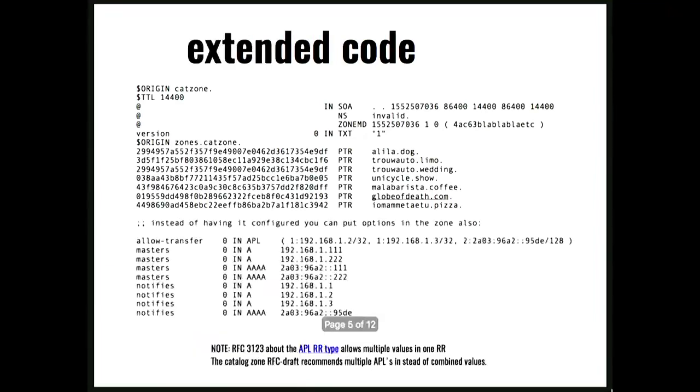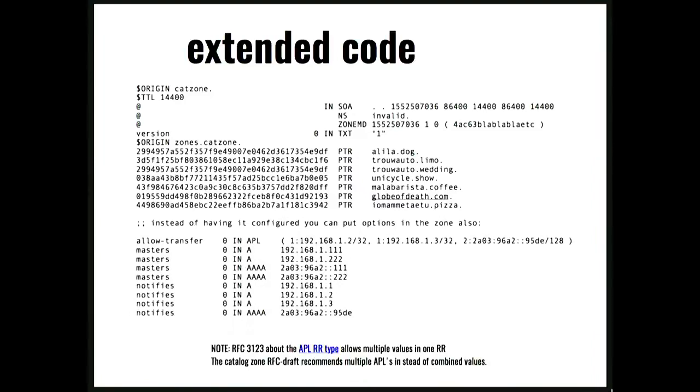But what I did is extend it a bit, because at the moment only Bind supports catalog zones, and you want to use this concept also in other daemons. With the additional section at the bottom, I can iterate over the zone.